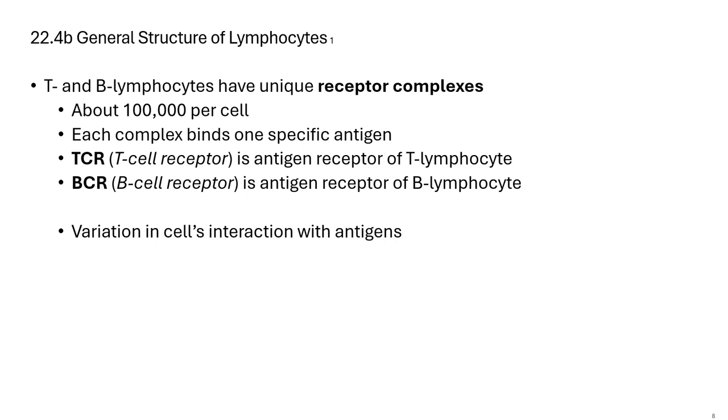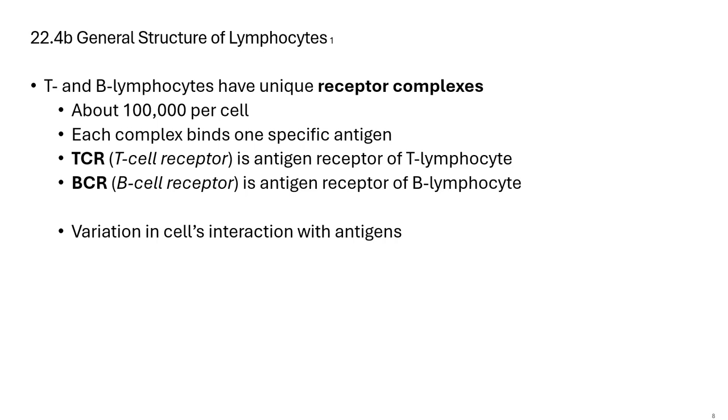Now, if you think about it, there are millions of different types of antigens that we could potentially encounter. In our environment, in the world, in our community, there are hundreds of thousands and millions of different things that we could potentially encounter. So our cells have to be able to account for that wide variety in potential types of antigens.